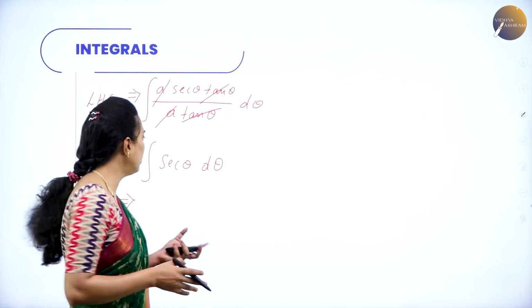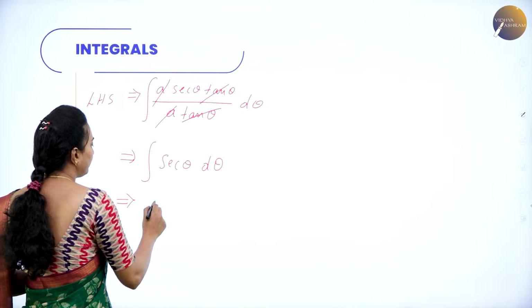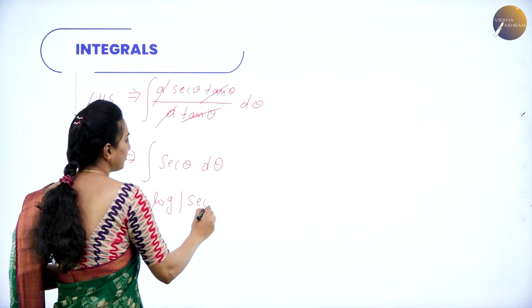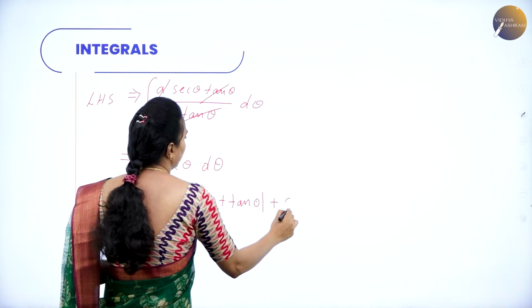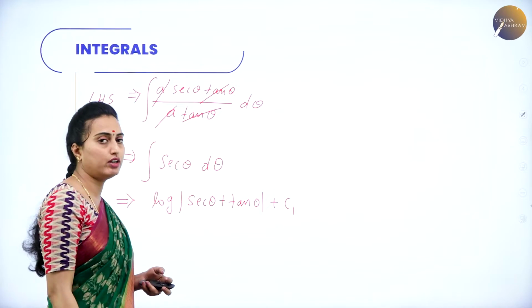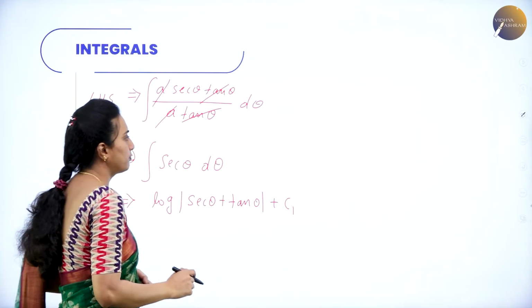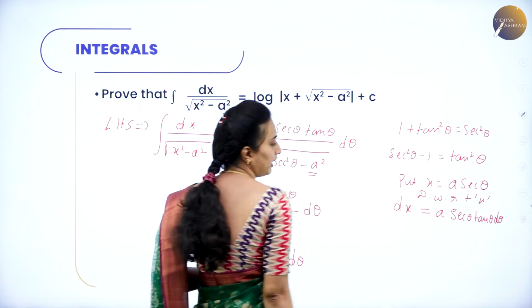So dear students, you know integral of secant theta can be written as log of modulus of secant theta plus tan theta plus c1. I am telling you why I have written c1 rather than c. So here secant theta, you know the substitution, is nothing but x by a, isn't it?